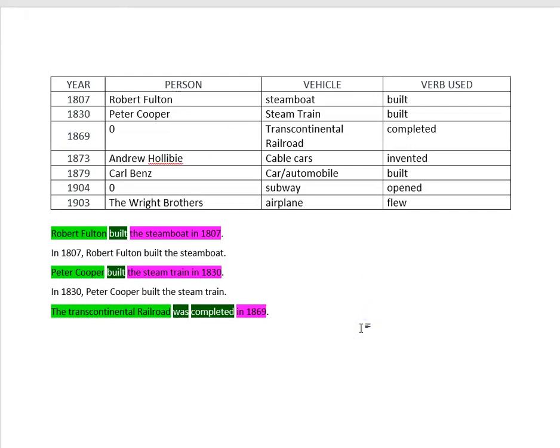So then I have the Transcontinental Railroad was completed in 1869 because I don't know who completed it. Isn't that interesting? So I add the verb be right here. Or I can say in 1869, the Transcontinental Railroad was completed.